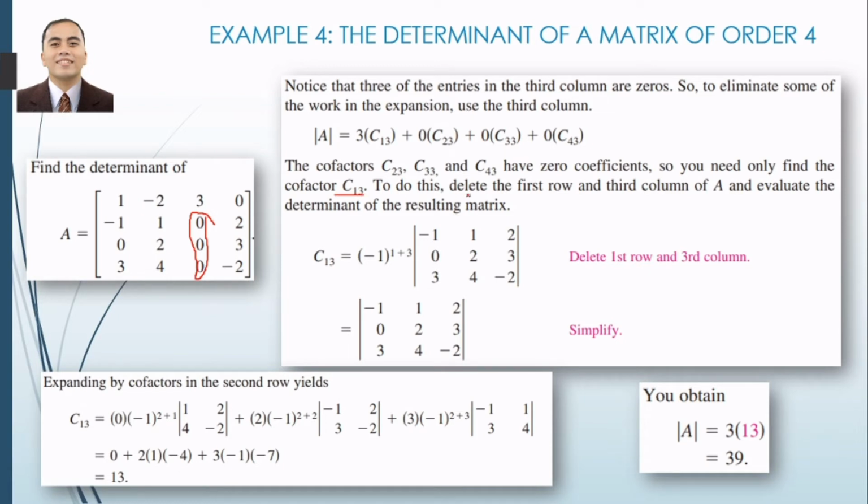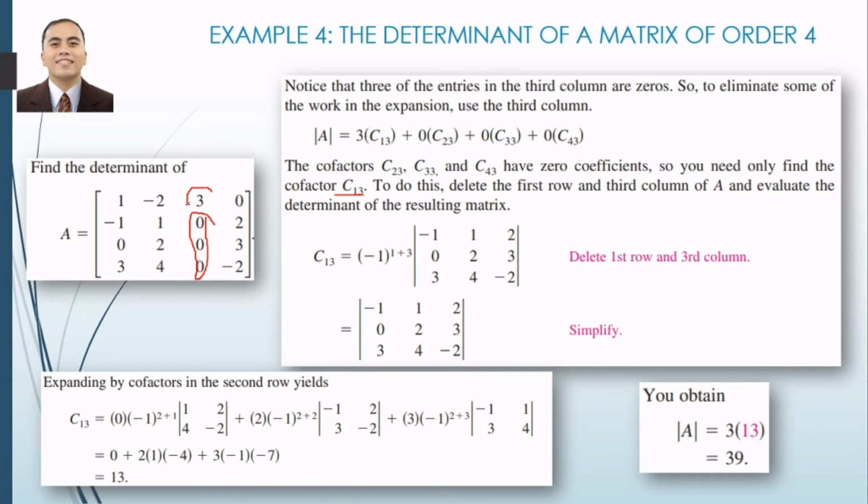To do this, delete the first row and the third column of A, and evaluate the determinant of the resulting matrix. So C sub 1 3, first row, third column.